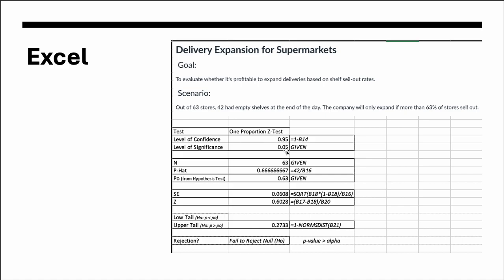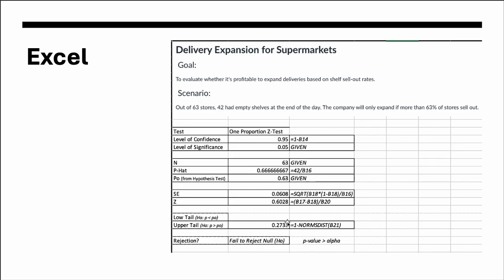Next, we calculated both our standard error and our z-statistic, and decided to use an upper tail statistic as it satisfied the alternative hypothesis condition, and gained the p-value.